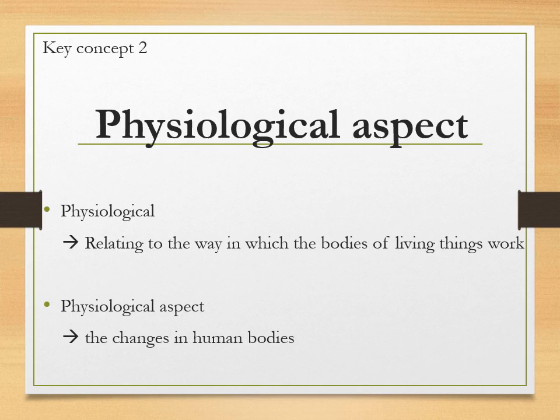If you check the dictionary, physiological means relating to the way in which the bodies of living things work. That means in this unit, how human bodies work. So physiological aspect means you can take it as the changes in human bodies, and this is important, and you have to remember.